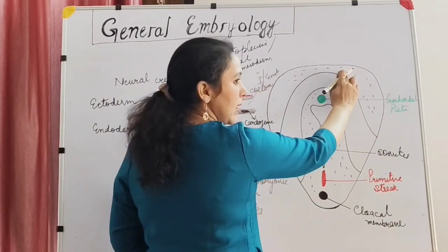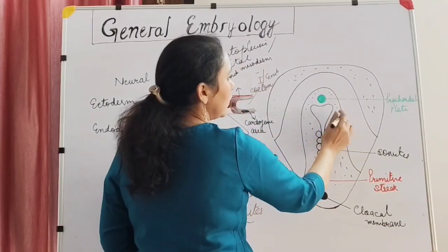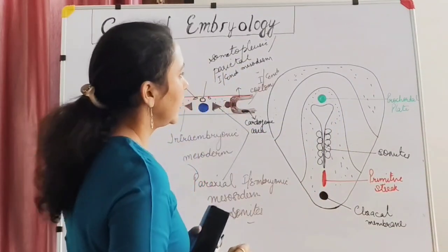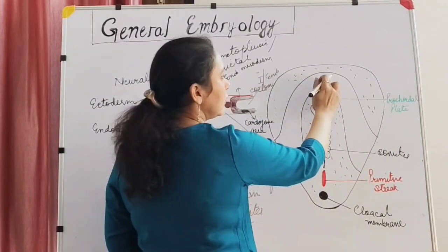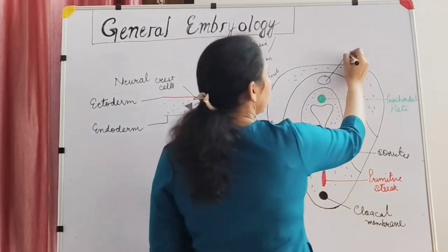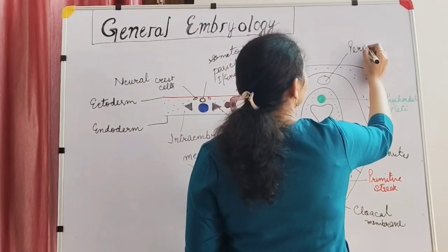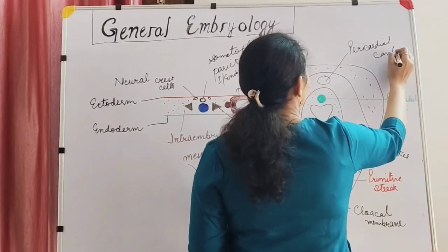Above it, we have the somatopleuric layer. Below it, we have the splanchnopleuric layer. So as I told you, which cavity will form here? It will be the future pericardial cavity. So the pericardial cavity will form here, right?